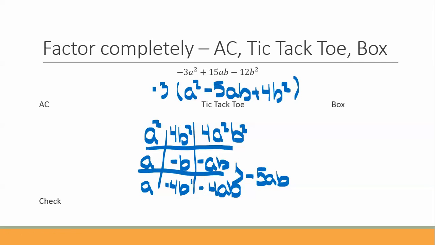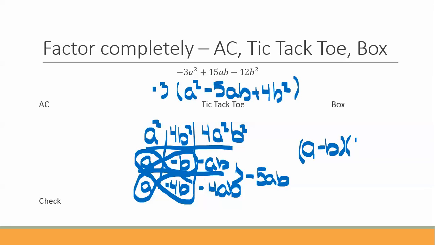That all worked out, so our factoring is our diagonals. So our factoring was a minus b and a minus 4b, which is the same one we got the first time. And then don't forget that minus 3 is out front.